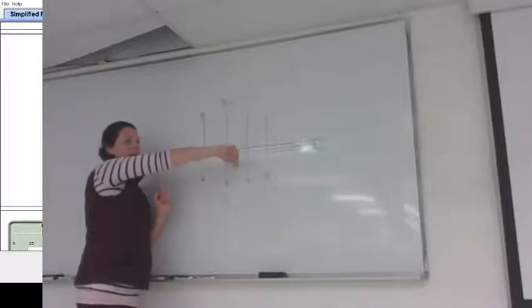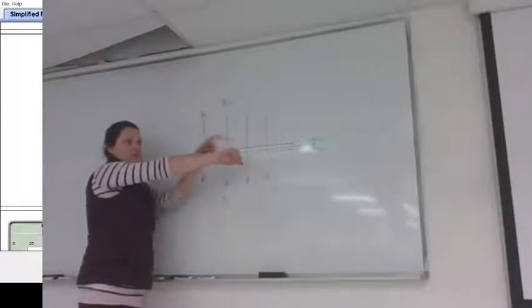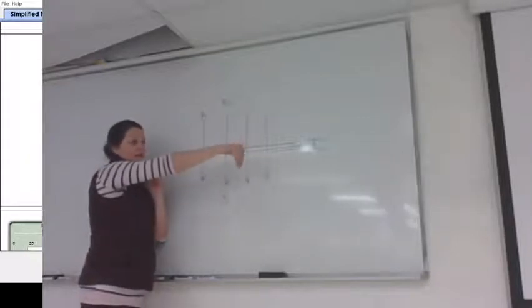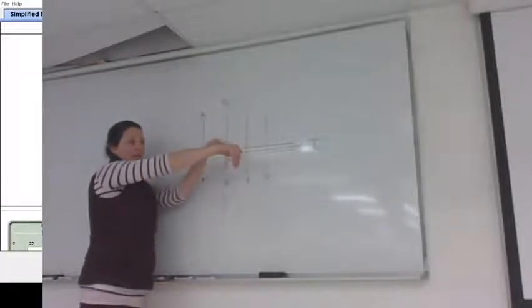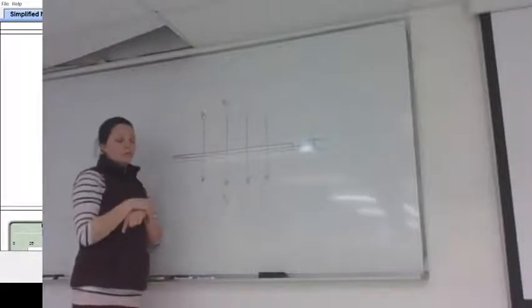So I can turn my hand all of these directions, and my palm still points to your right. But if I go like that, now my palm points to your right, my fingers point down, and I see that my thumb points into the board.